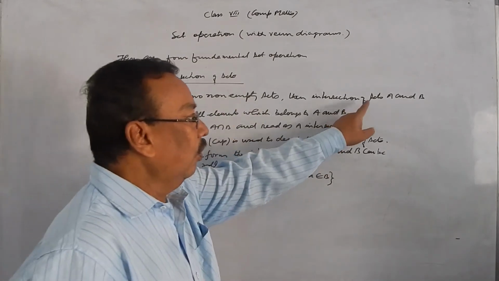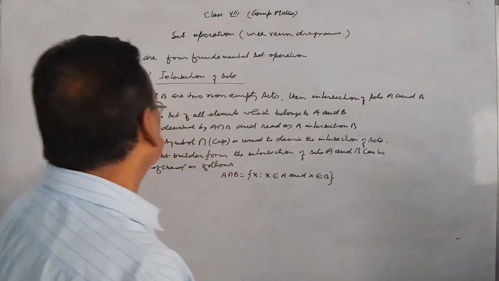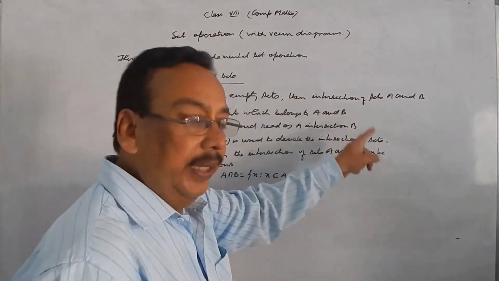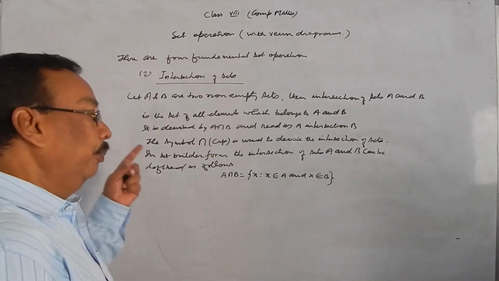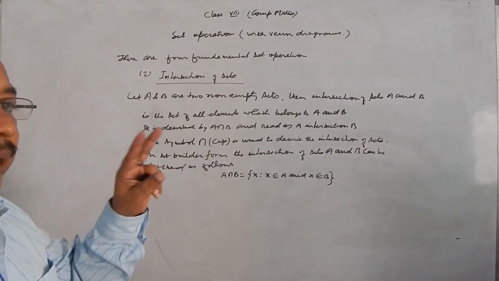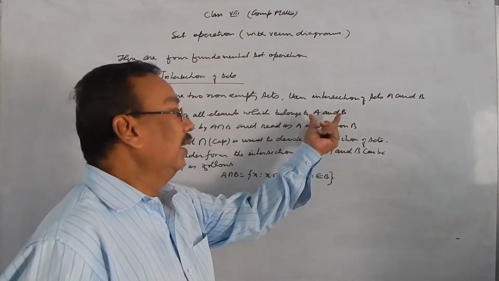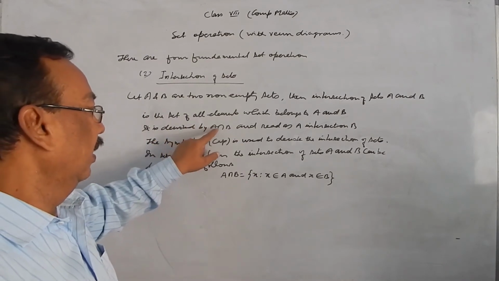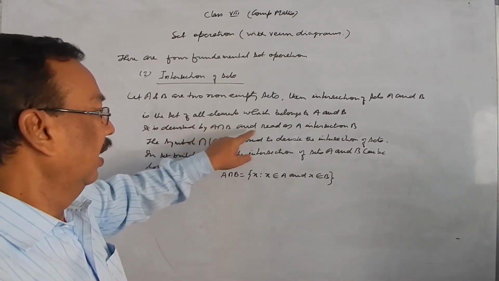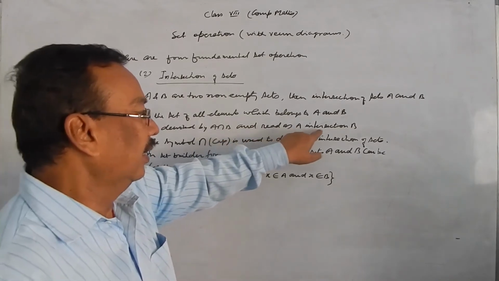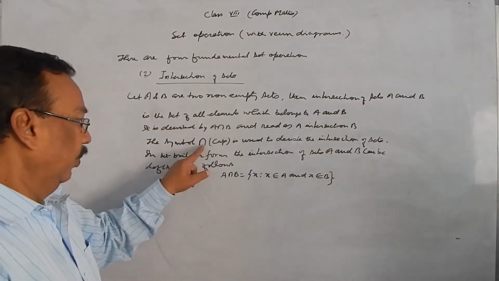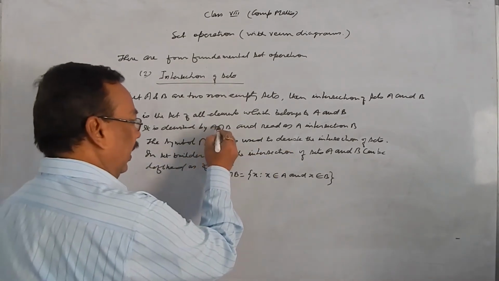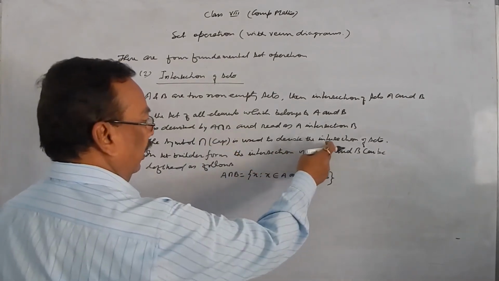Then the intersection of sets A and B is the set of all elements which belong to A and B, meaning the common elements which lie in A and B. It is denoted by A intersection B and read as A intersection B. This symbol, cap, indicates intersection.